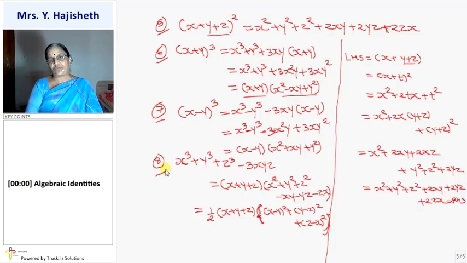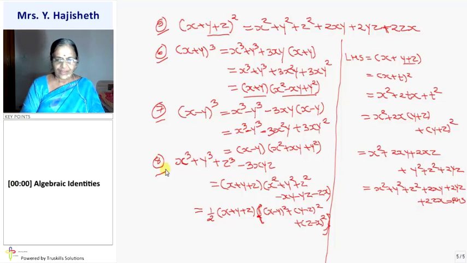Both ways you should remember. And don't expect every time x, y and z. In place of x, y and z, they can put any variable, any number, anything. You should consider x, y, z as 3 terms, and the addition of 3 terms whole square should be opened like this.